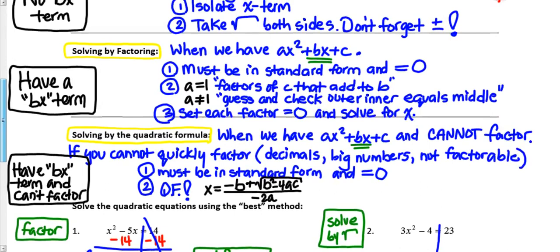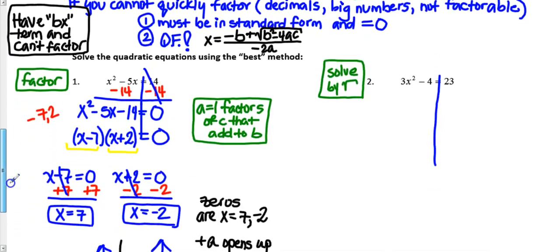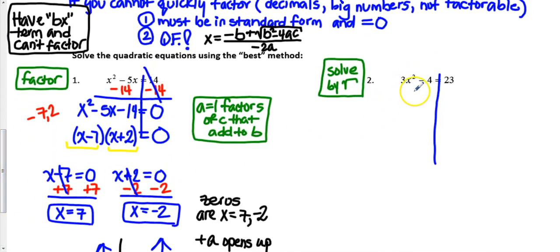To solve by square roots, let's recall that first I will need to isolate the x term. So wherever the x term is, x squared, I need to get it by itself. So I'm only going to pay attention to this side of the equation right now because that's where my x term is. What am I going to do first here on the left side? Well, I recall we are working PEMDAS backwards.